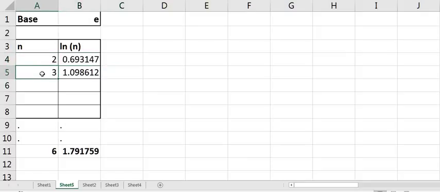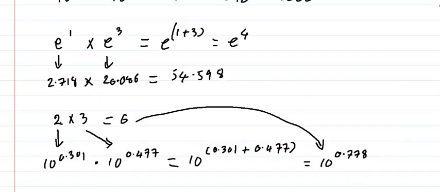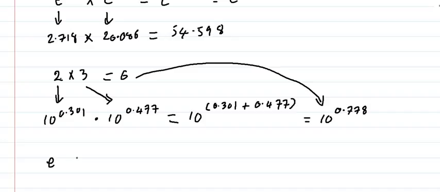We look up the number 3 and we find that e to the power of 1.098 is 3. We add these logarithms together and we find that e to the power of 1.792 approximately is 6.